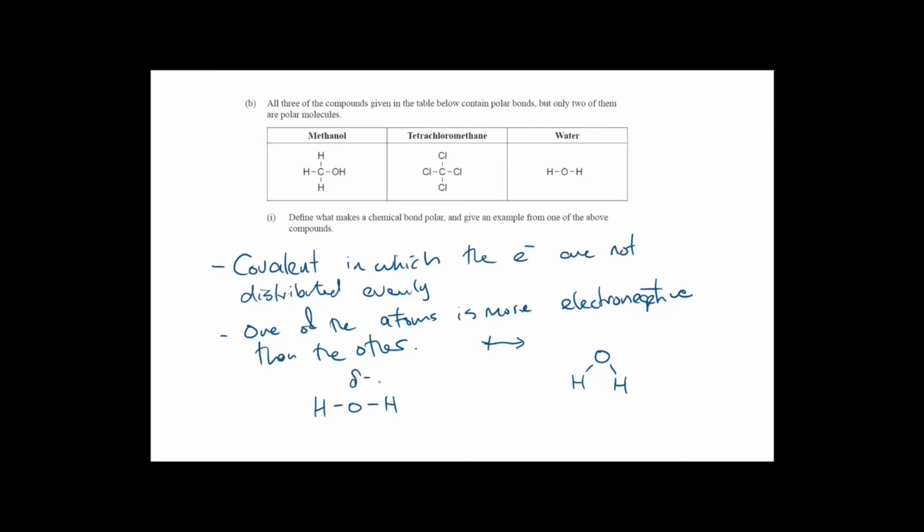So this is electronegative, and the hydrogens are both positive. It doesn't show it there, but that end is going to be electronegative, that end is going to be less electronegative, so the molecule is going to look like that when we do it.